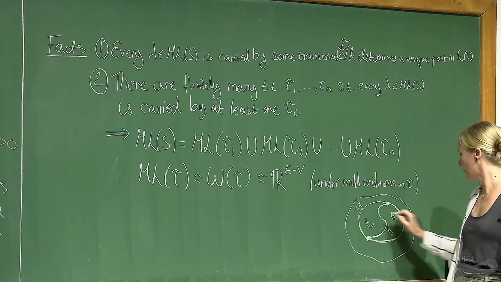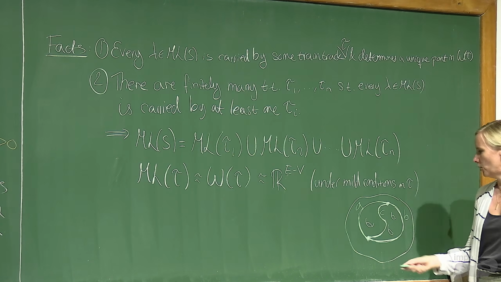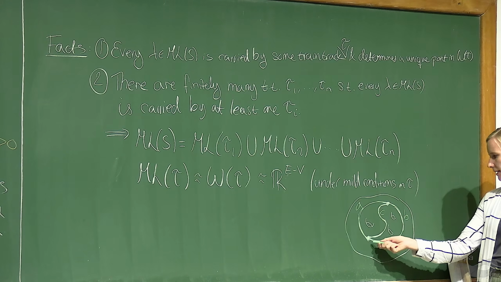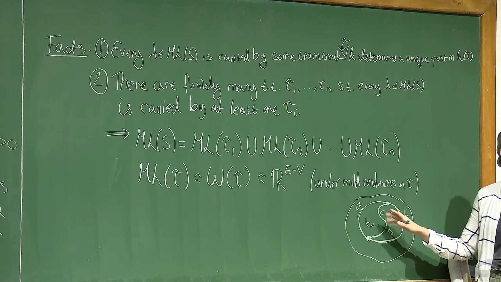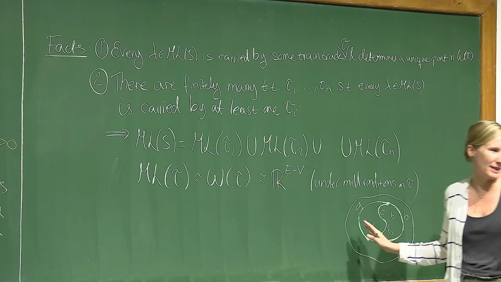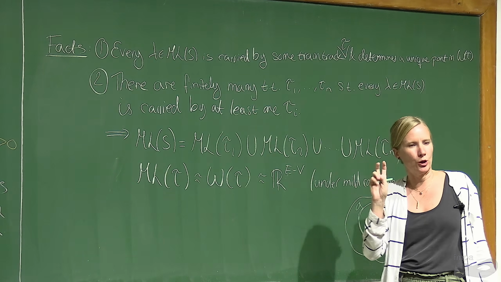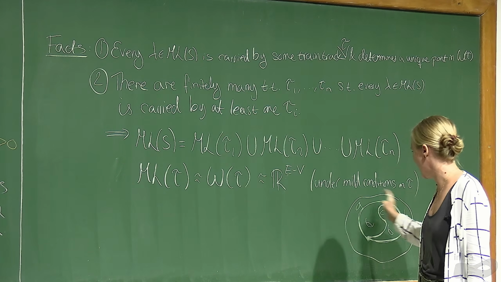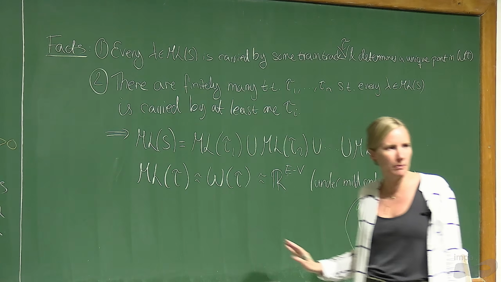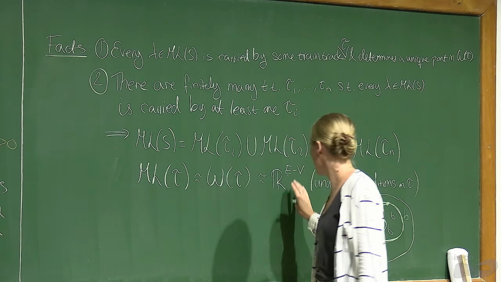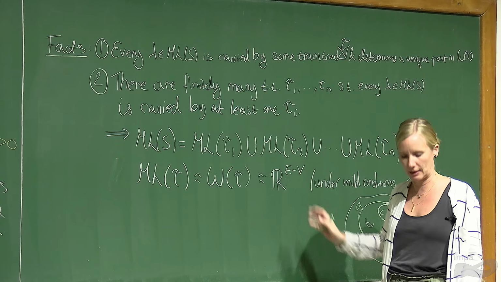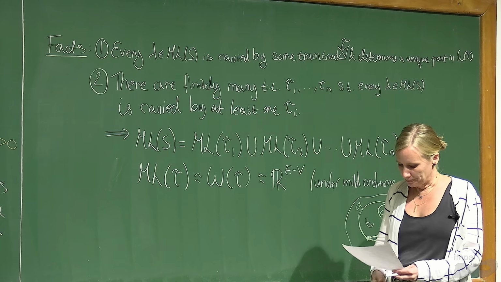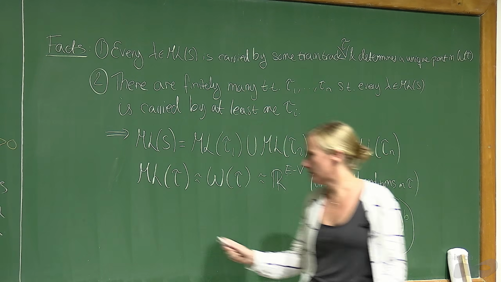But if I put weights A, B, and C, the only solutions satisfying this: B plus C is A, and A plus C has to be B, so C has to be 0. So even though this is a train track, it's not a recurrent train track, because you can't actually have a path that goes over all of them. But up to that condition, these are going to be linearly independent, or you're going to get the full solution set. Okay?